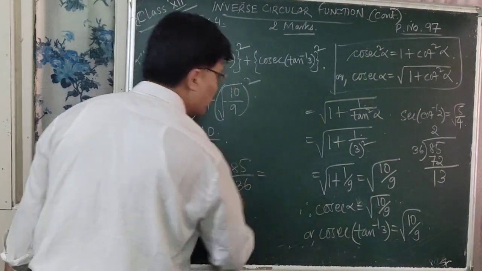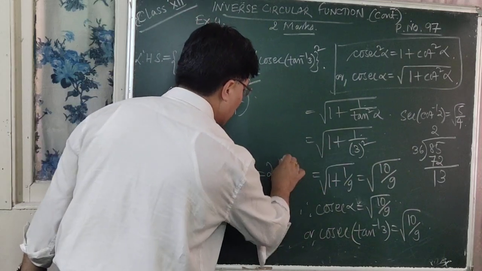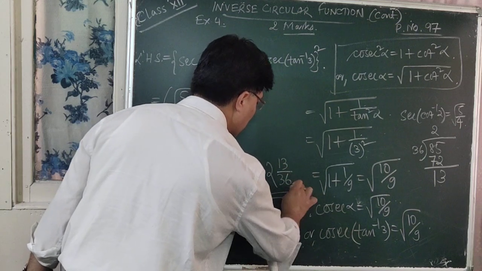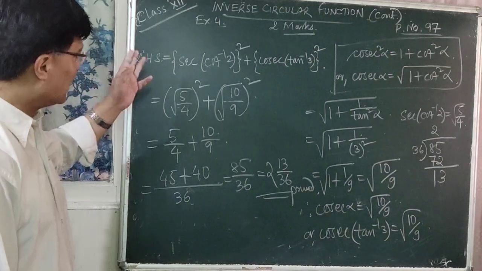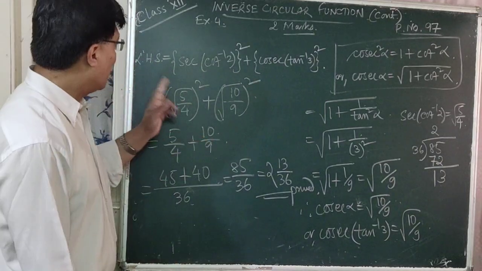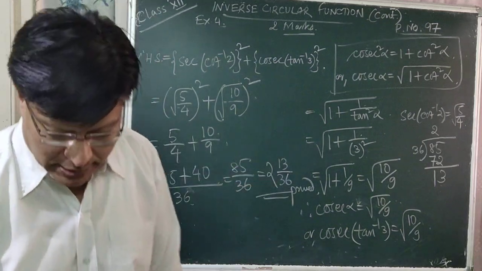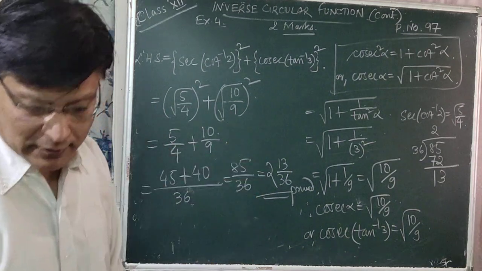So how will you write it in terms of fraction? That is 2, what is the remainder? 13, divided by what is the divisor? This is 36. So LHS is equal to RHS, where RHS is equal to 2 13 by 36. Is it correct? Yes. 2 13 by 36.